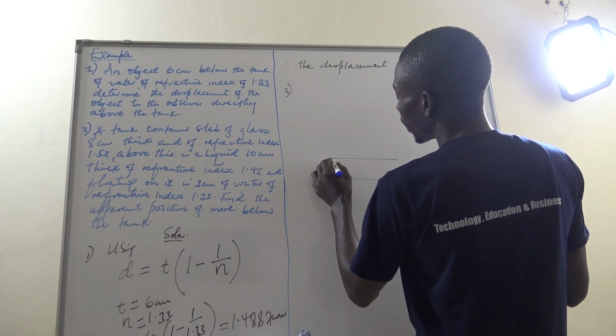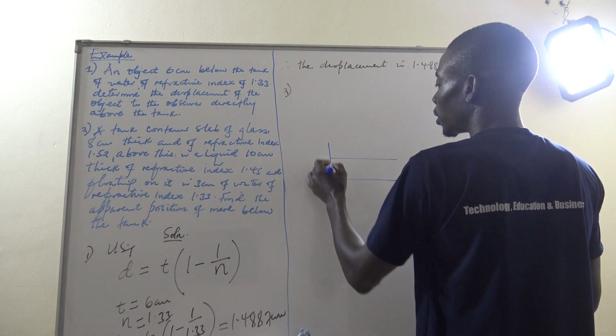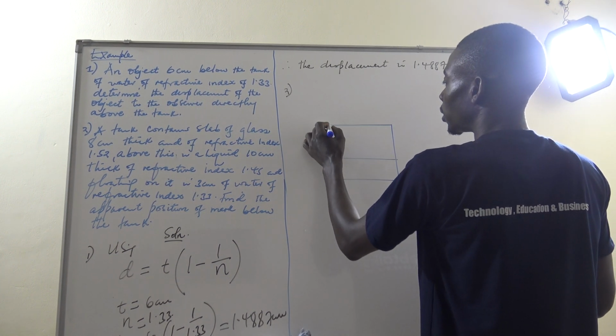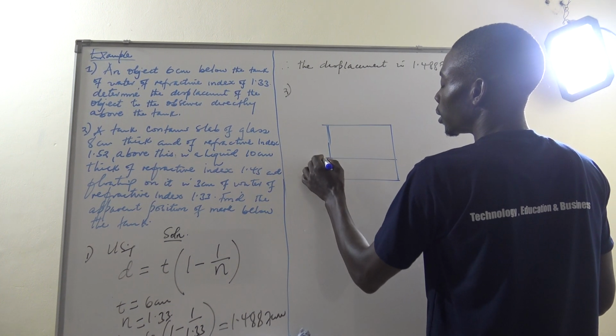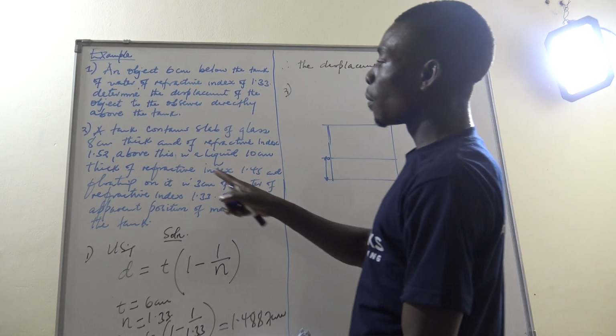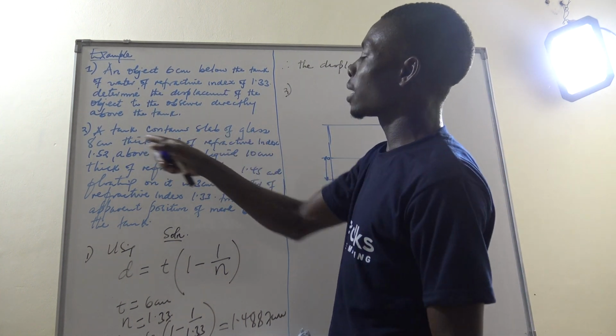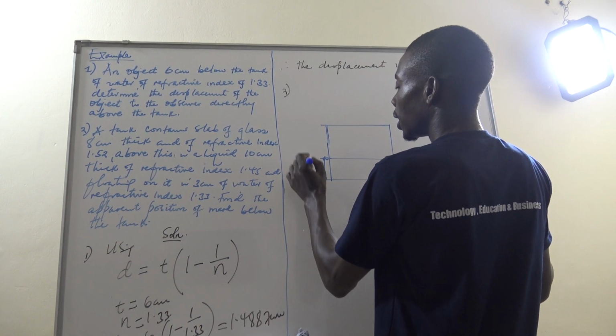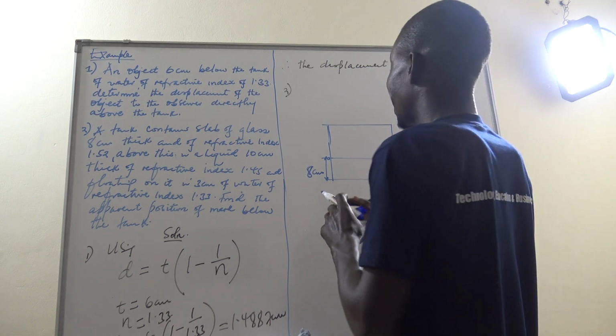If this is my glass, and they have told you that the slab of a tank contains a slab of glass 8 centimeters thick. That is the depth of that glass.